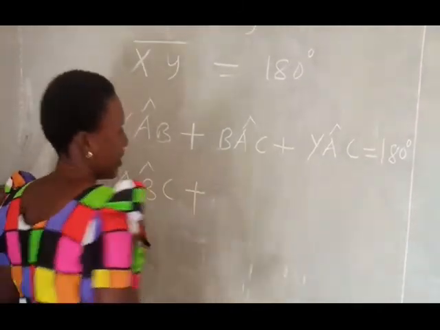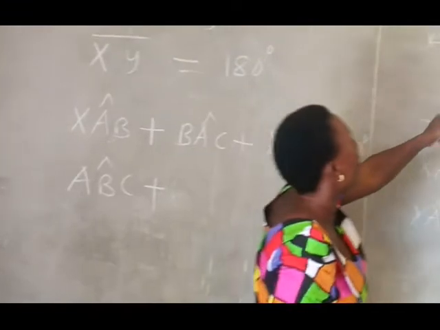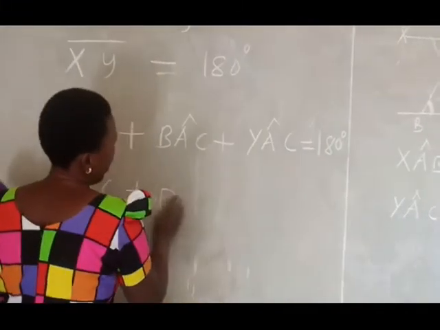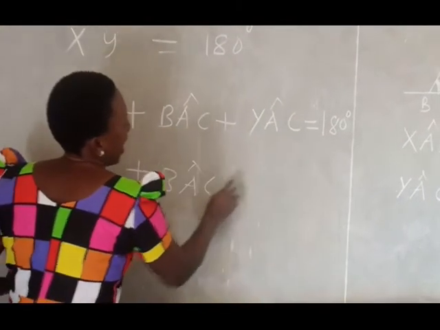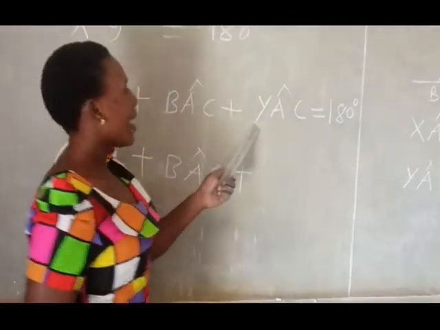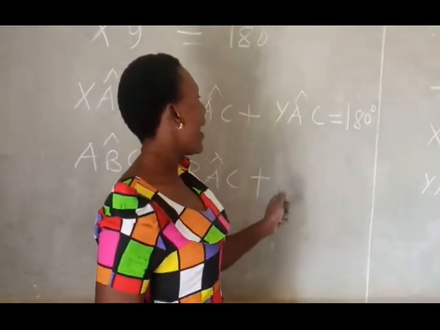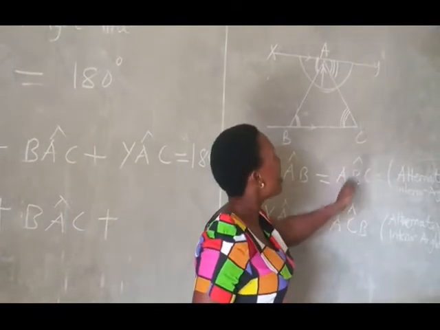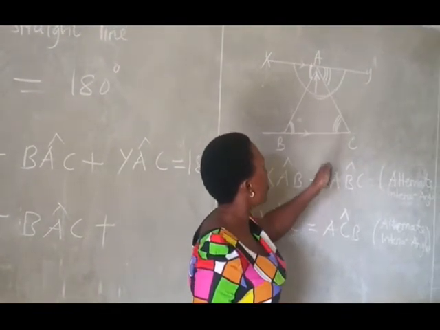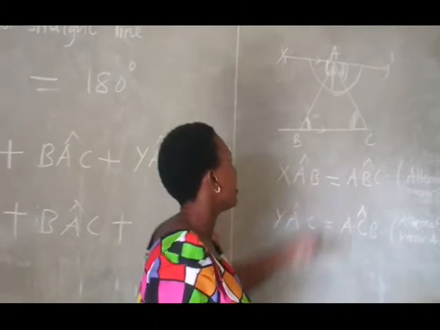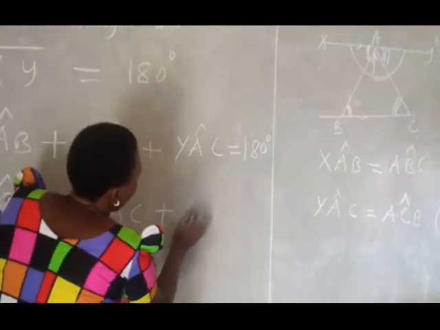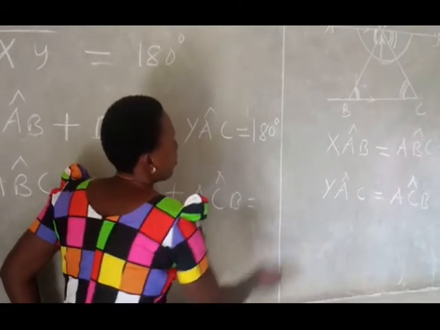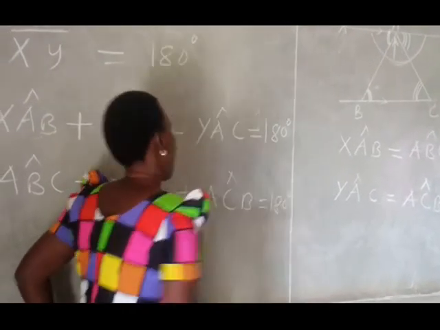We add the angle within the triangle, BAC, as well as another angle, angle YAC. On the straight line, we have angle YAC. We said it is equal to angle ACB on this triangle. Then we add that value, ACB, and we obtain 180 degrees.